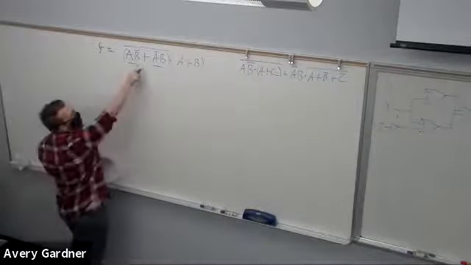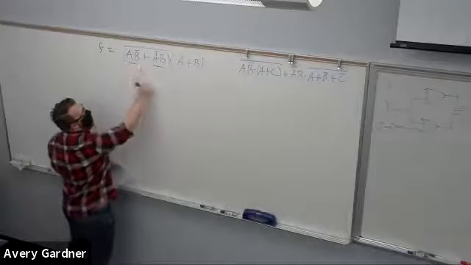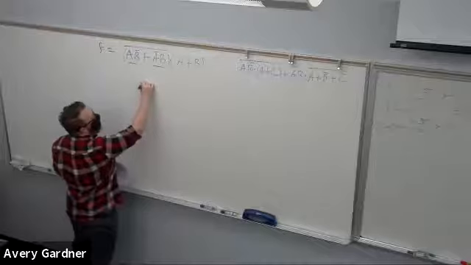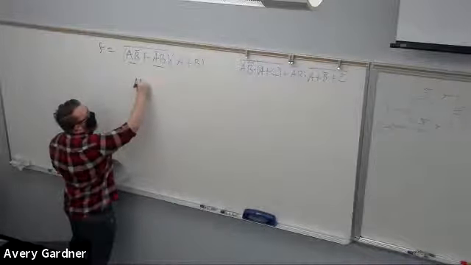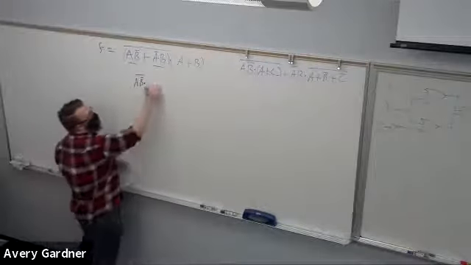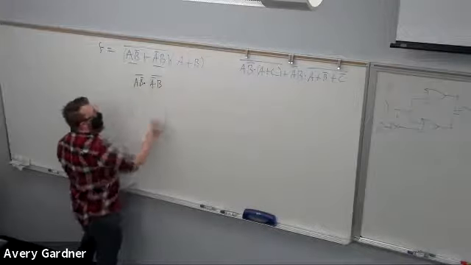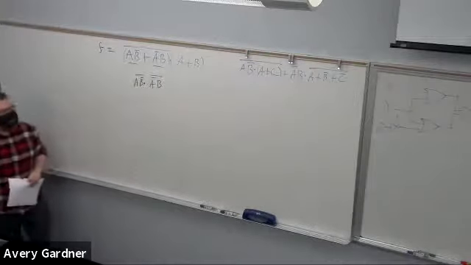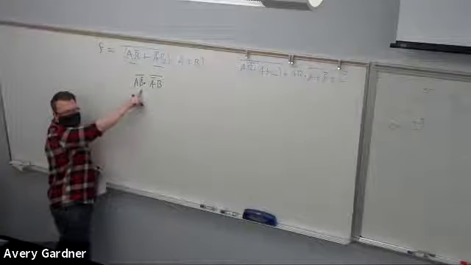So when we do it, this OR becomes an AND, and then we have A B bar bar, A bar B bar. Right, I'm not flipping the individual A's and B's yet.